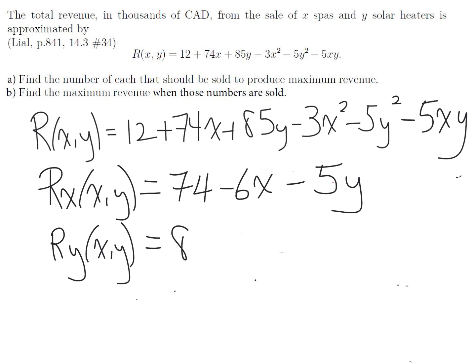I have 85 minus 10y minus 5x. Does that seem right? Always good to double check your work before you go on to the next big step. The worst thing is to find an unreasonable or unlikely answer at the last step you make and think, where did I make the first mistake? So always double check. Is that right? Those two partial derivatives?